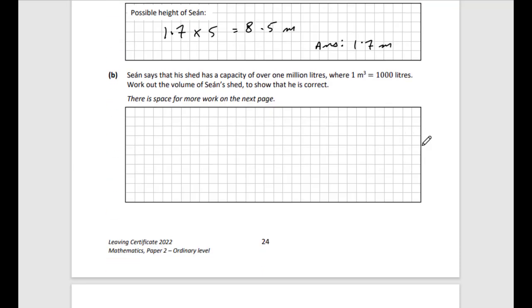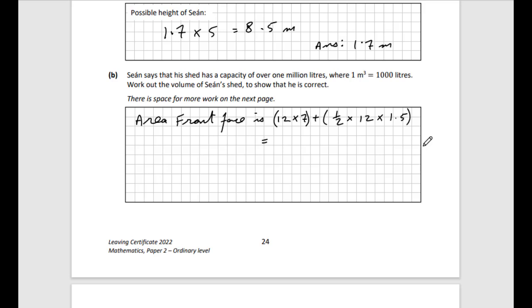So let me just write all that down then. The area of the front face is 12 times 7 plus half the base, so half of 12 times 1.5.